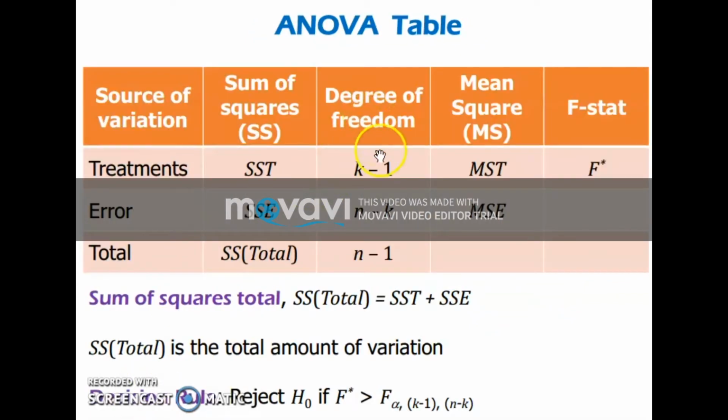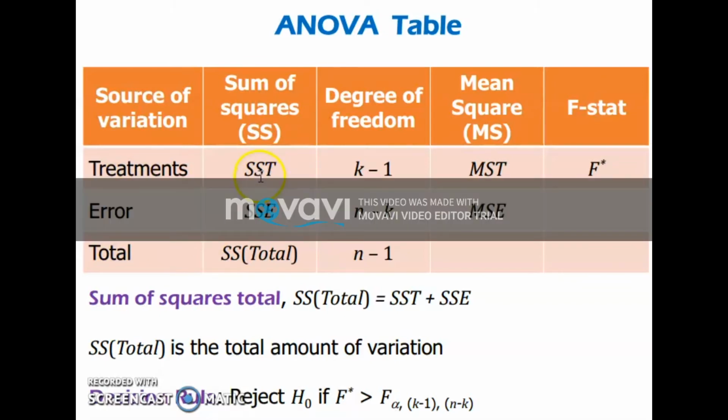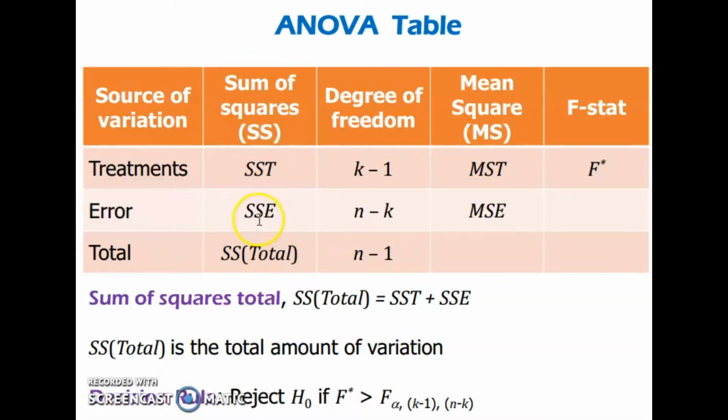For the ANOVA table, we need to set up these items: the source of variation from treatments, error, and total. So we have the sum of squares treatment, sum of squares error, and sum of squares total. Then we have the degrees of freedom: k minus 1, n minus k, and n minus 1 for the total.